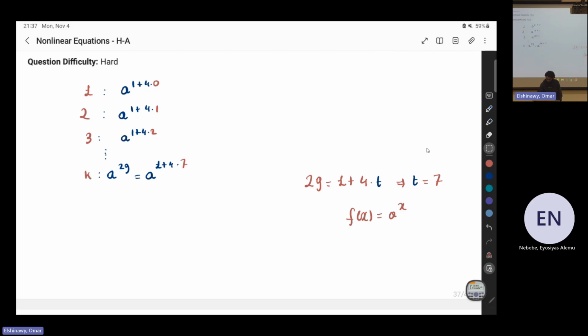And with k, I have always k minus 1. That's the relation. So the first term is when this is 0. The second term is when this is 1. The kth term is when this is k minus 1. So in this case, k is equal to 8, not 7.